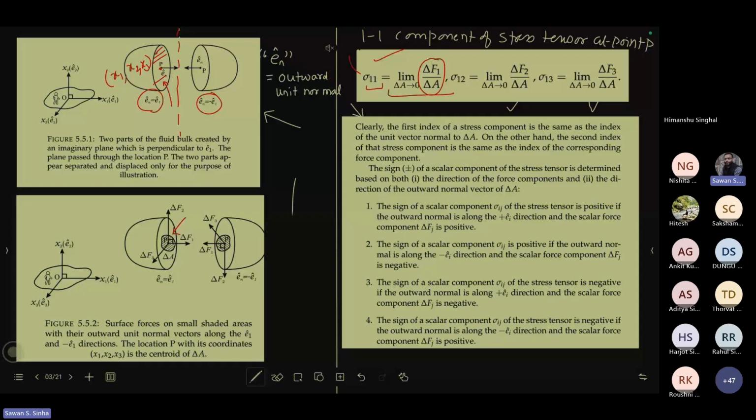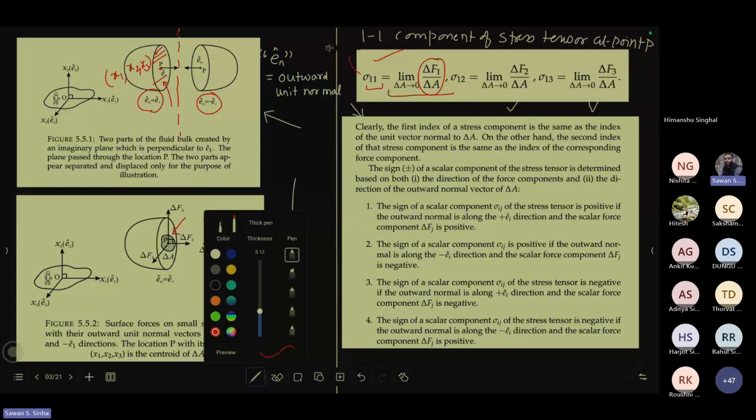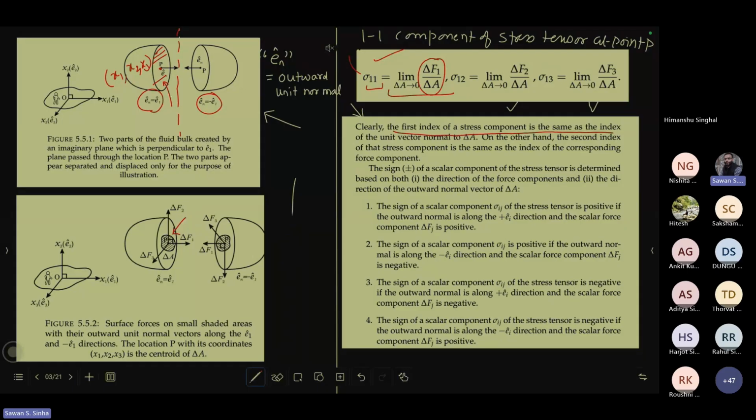Clearly, the first index of a stress component is same as the index of the unit vector normal to delta A. See, in all these three, the first index is 1, and that is being decided by the unit vector E1, E2 or E3, which is perpendicular to the surface or the plane with which you cut the bulk into two halves, and then analyze the forces on one of the halves.